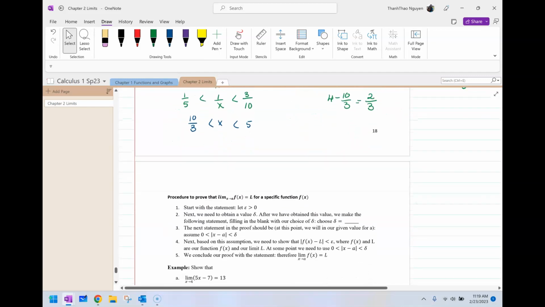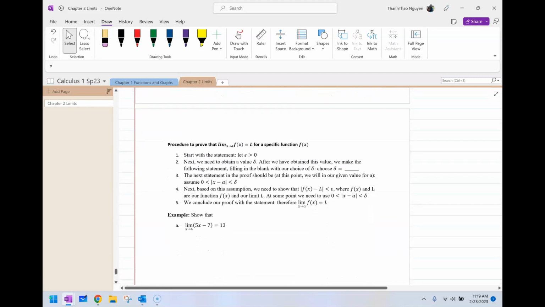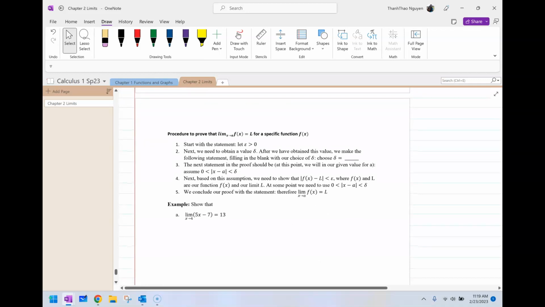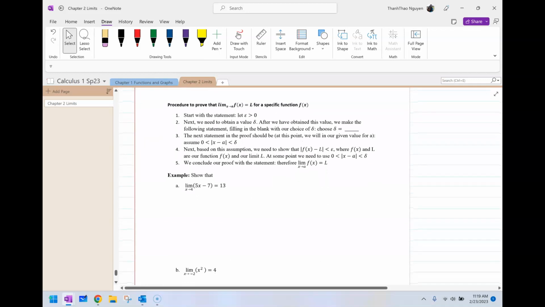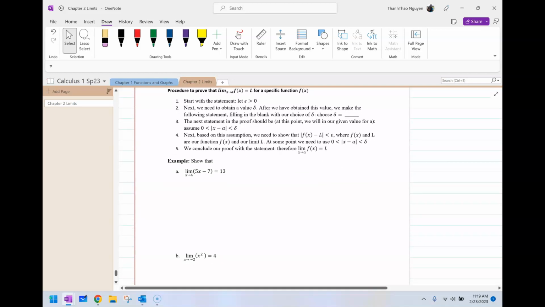Now, let's say we want to use the precise definition of limit to prove that something is a limit. We will follow this specific procedure. We start with the statement, we let epsilon greater than 0. Next, we need to obtain a value delta.